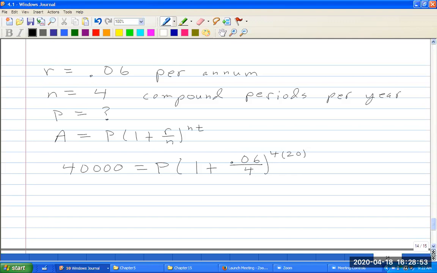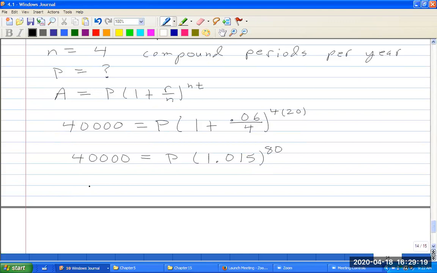So I have that 40,000 is equal to P times, 0.06 divided by 4 is 0.015, and so this is 1.015 to the power 4 times 20, which is 80.